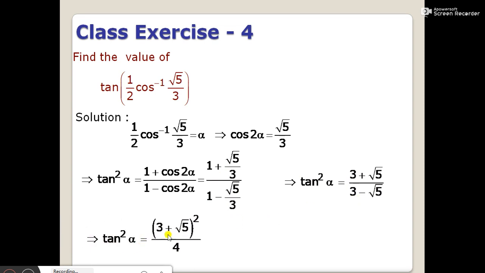When you rationalize this, you will get 3 plus root 5 whole square by 4, and then taking its root, you will get tangent alpha is equal to plus minus 3 plus root 5 by 2. I hope you understand it very easily.